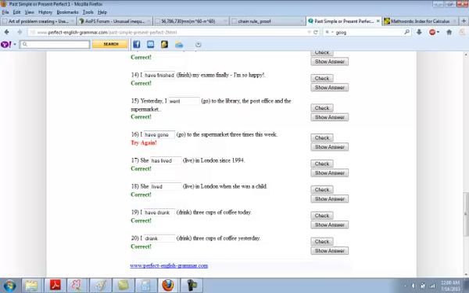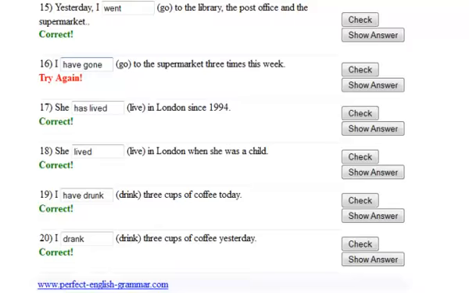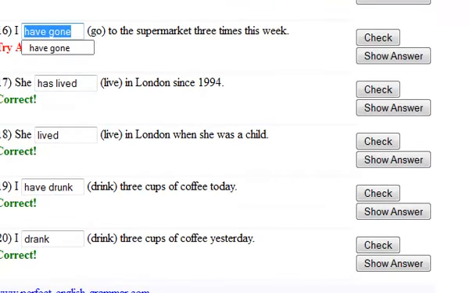I went to the supermarket 3 times this week. Why? Yeah, actually it doesn't have any connections, but it's confusing because I previously thought about this week, and actually it doesn't make sense to connect it with a present action. So I went.